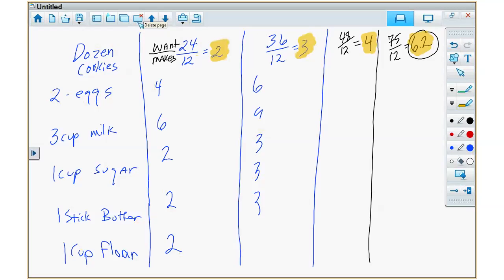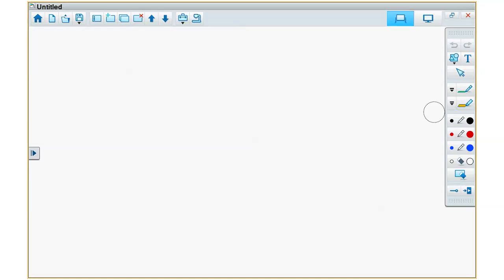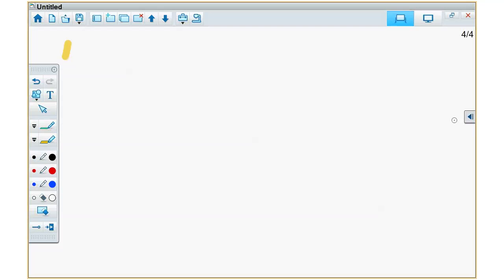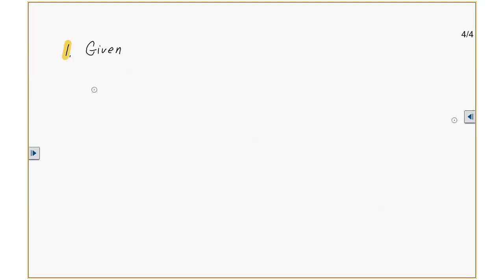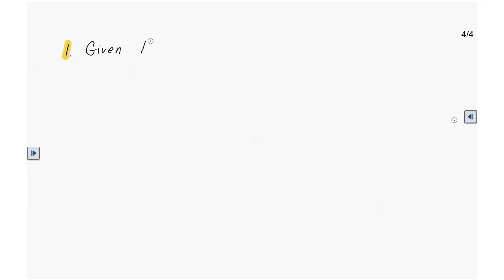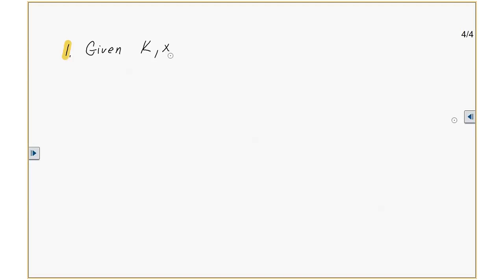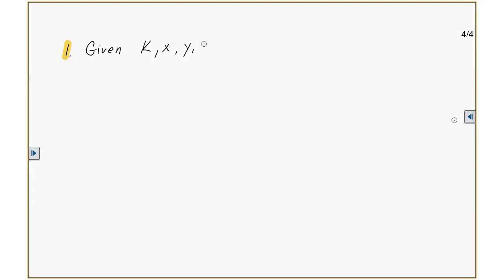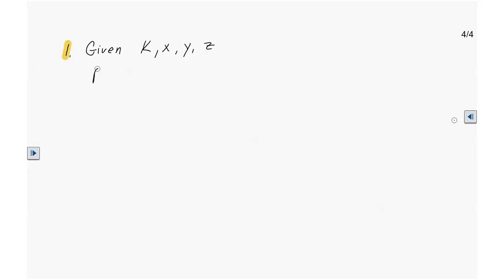Now, there's 3 or 4 different types of problems you're going to have with these variations. 1, you're going to be given K, X, Y, and Z. You're going to be given different variables, plug and chug.